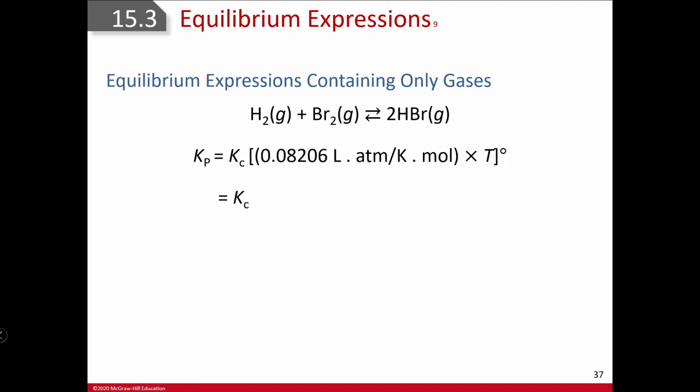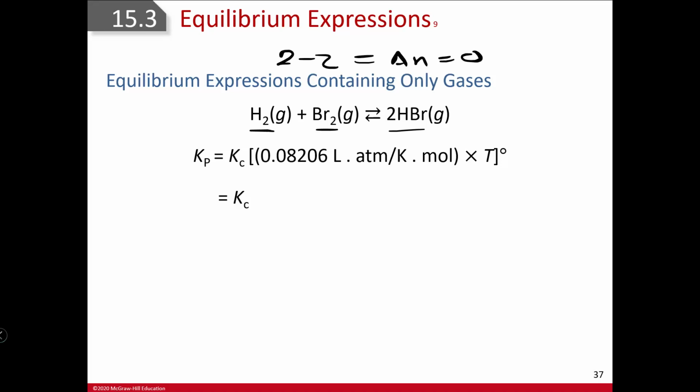All right, so let's look at an example here. And again, these are not hard problems. They're fairly quick. All you do is come up here and go, okay, I've got a mole of gas here and a mole of gas here, and I end up with 2 moles of gas here. You go, okay, well, that's 2 minus 2. Delta n for this is equal to 0.